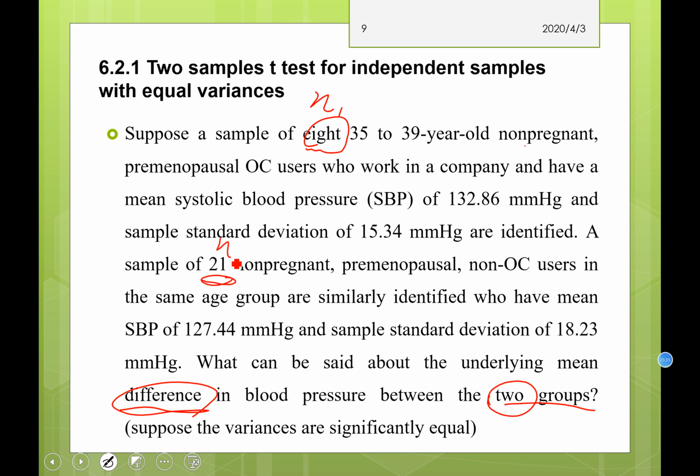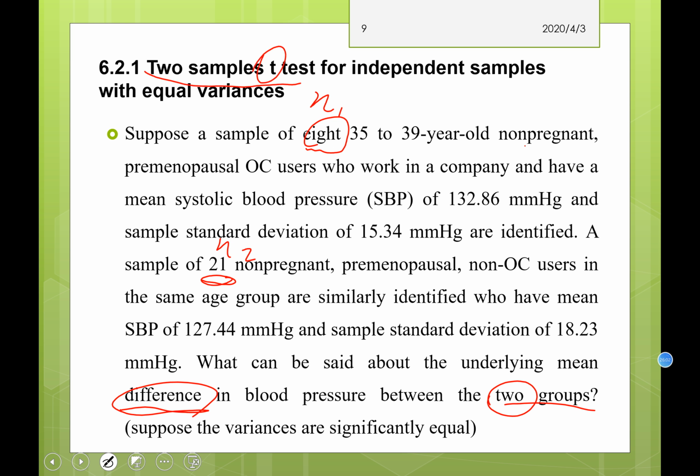So this is N2. So we have two sample sizes. So that must be a two samples test, right? For two samples test, we need to use t-test, not z-test, because there is no two samples z-test. There is only one sample z-test. So for two samples, we need to use t-test.